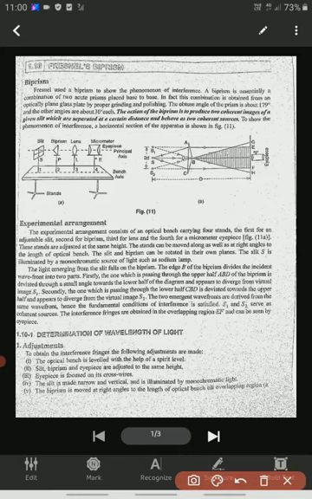Sodium lamp always gives yellow color light.